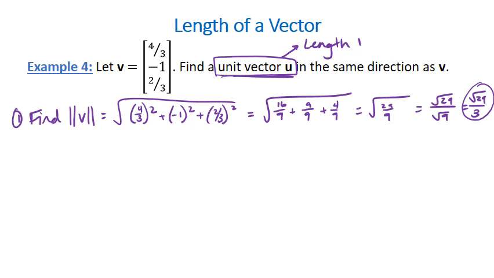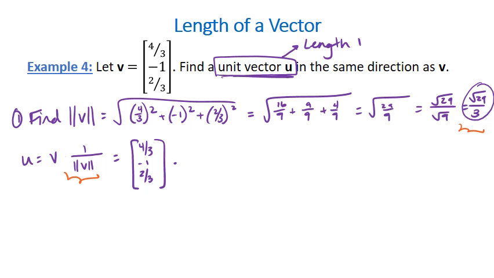Now, that's not my answer. If I want to find a unit vector, to find u I need to take v times 1 over the length, as stated in the previous slide. Multiplying v by 1 over the length is the same as multiplying by the reciprocal, so I'm going to multiply by 3 over the square root of 29.